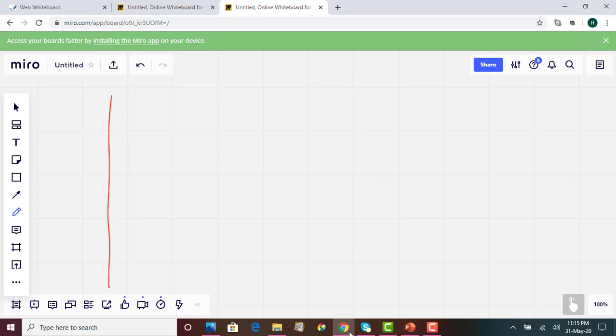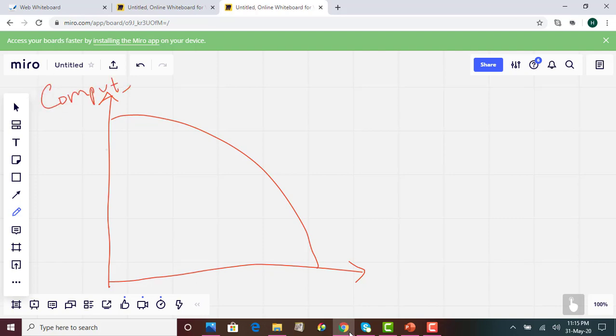A PPF will usually look like this. Not necessarily all the time, but most of the time they look like this. Let's assume we consider two goods. Remember, one of the assumptions we make is that the society has only two goods. So in this case, on the y-axis we have computers, and on the x-axis we have clothing. These are the two goods we have.